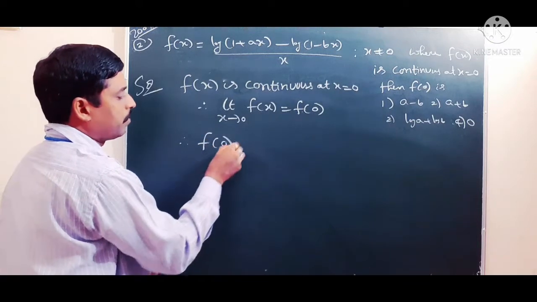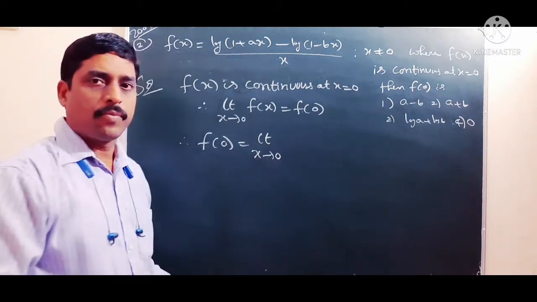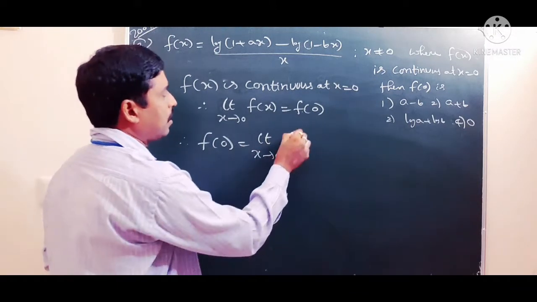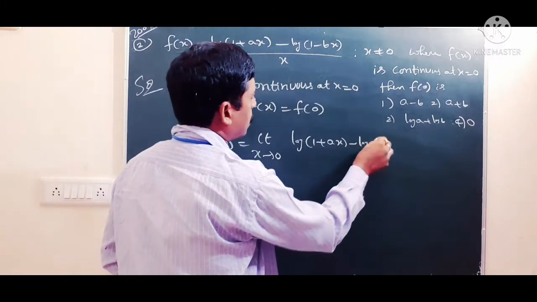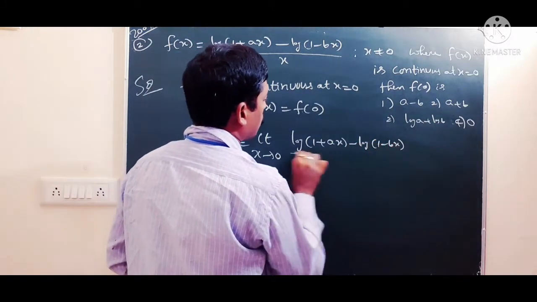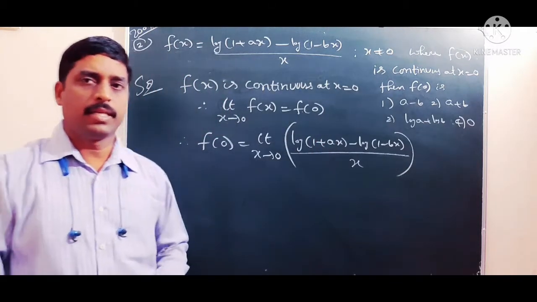f of 0 will be limit x tends to 0 of f of x, with the value given in the statement: log of 1 plus ax minus log of 1 minus bx, this whole divided by x. Okay, is it clear?